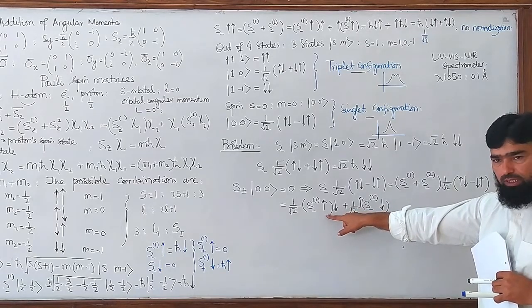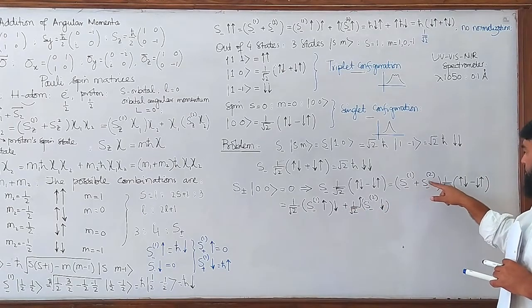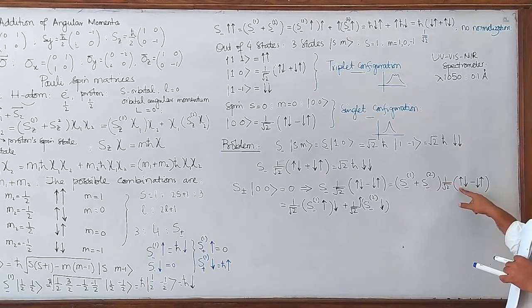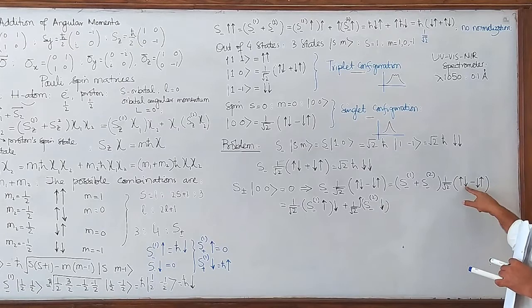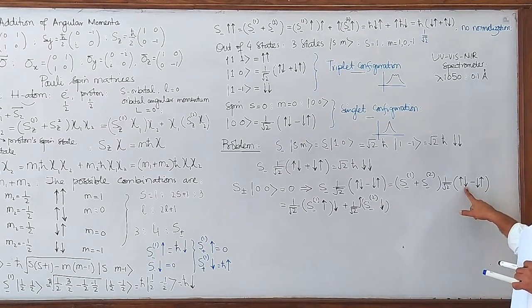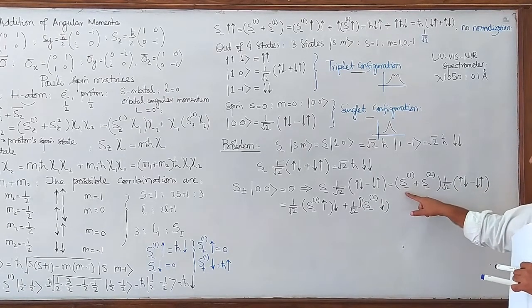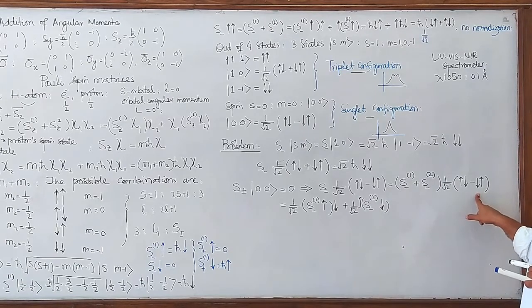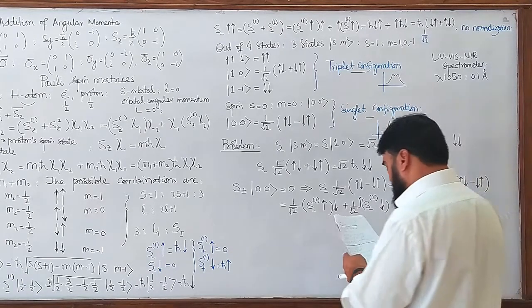Then S minus 2 will operate on this one. So it will remain out and it will operate on this one. Then minus and these two will operate on this. Clear?